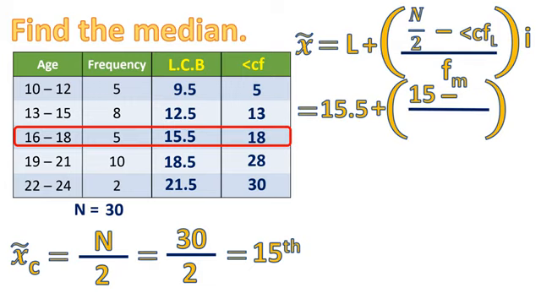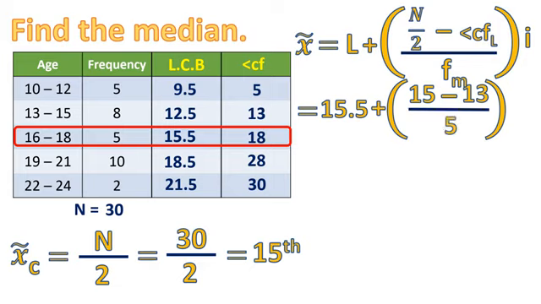So it's not the 18 that we will put, but it's the lower value. Lower than that is 13, so it's 13. And then over the frequency of the median class, which is 5, times the interval.